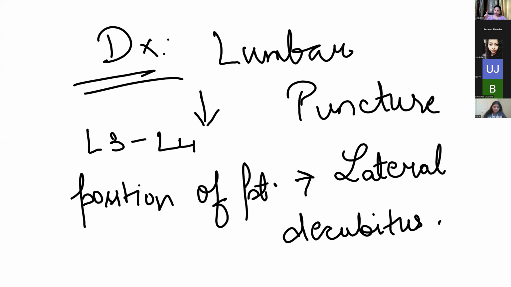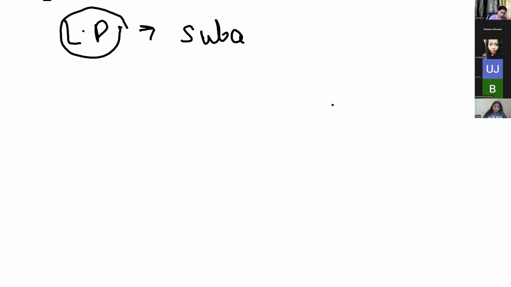Now I will give you some key points related to this lumbar puncture, which are very important. LP means lumbar puncture. In which space is lumbar puncture done? It is done in the subarachnoid space. First thing.